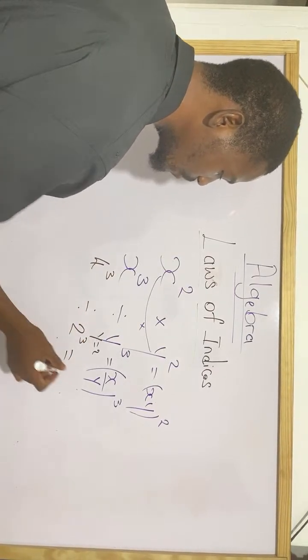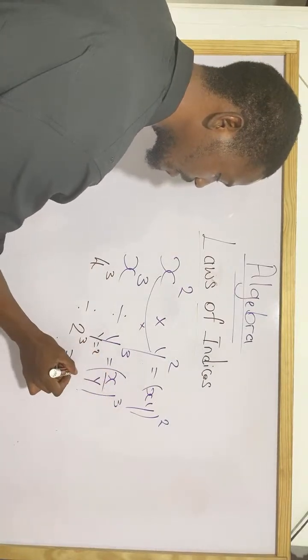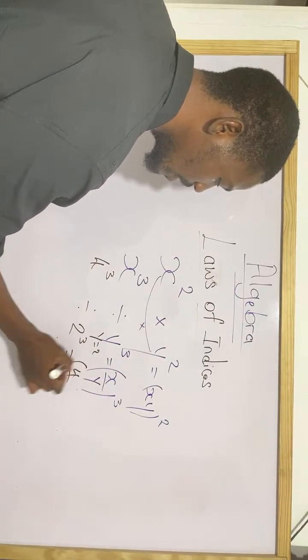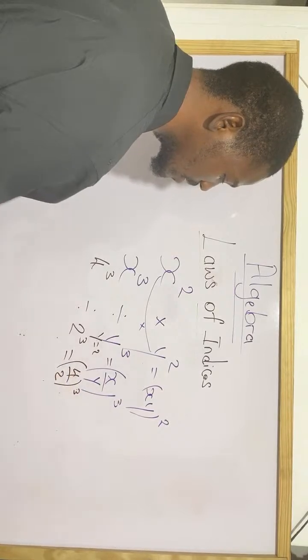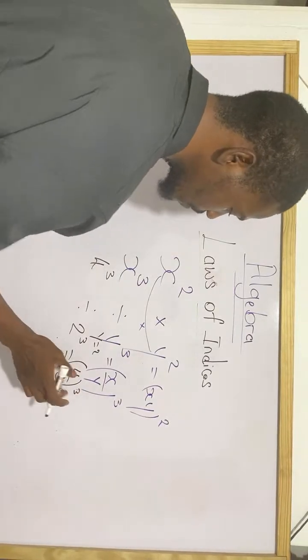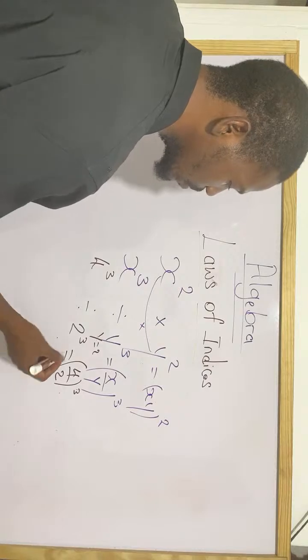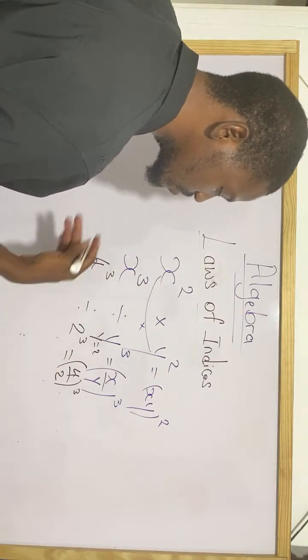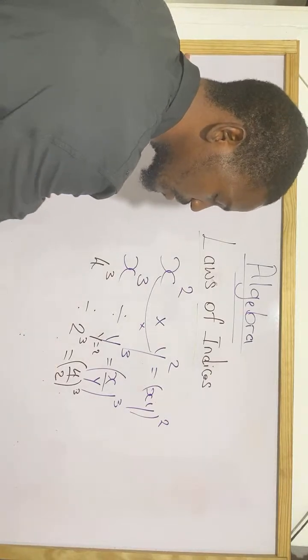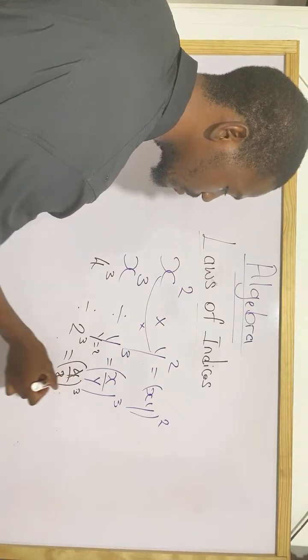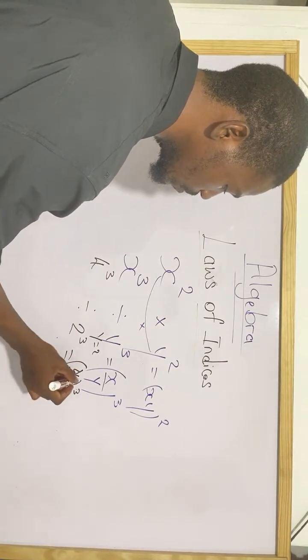The rule is that we simply combine them as 4 over 2, and then in brackets I keep back the power, the index. Remember PEMDAS, brackets are parentheses first, so we could simply work that out. So this would just be 2.